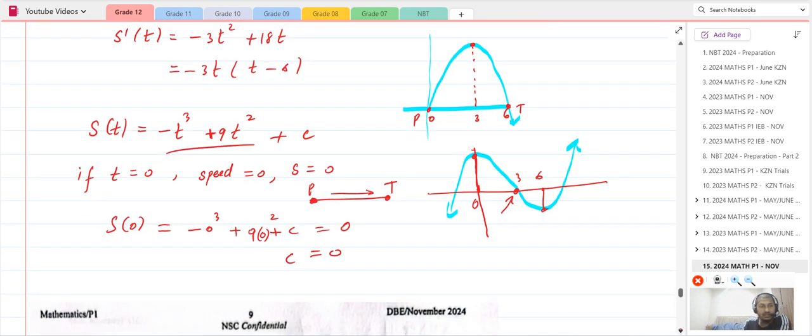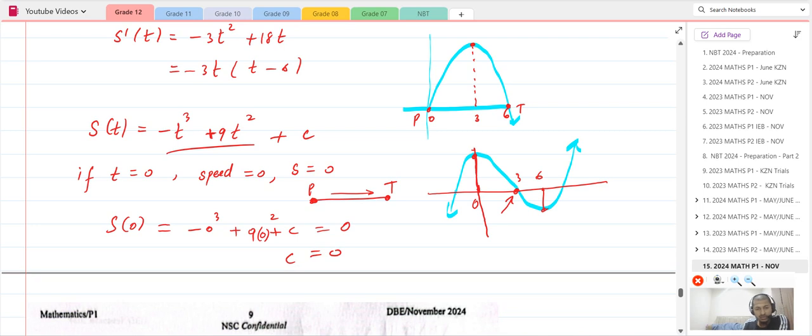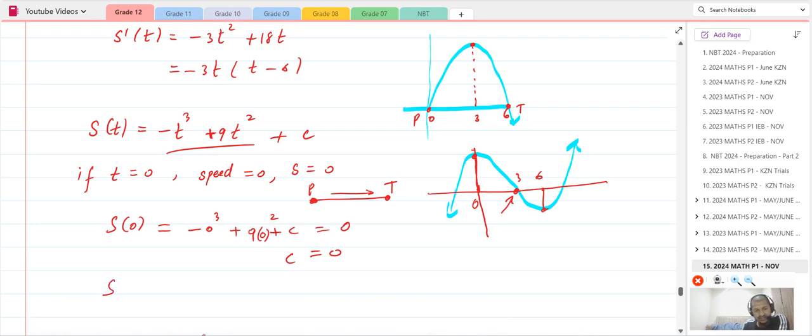Now I can just find s of 6, after 6 minutes it stops. So substitute 6 inside: negative 6 cubed plus 9 times 6 squared.